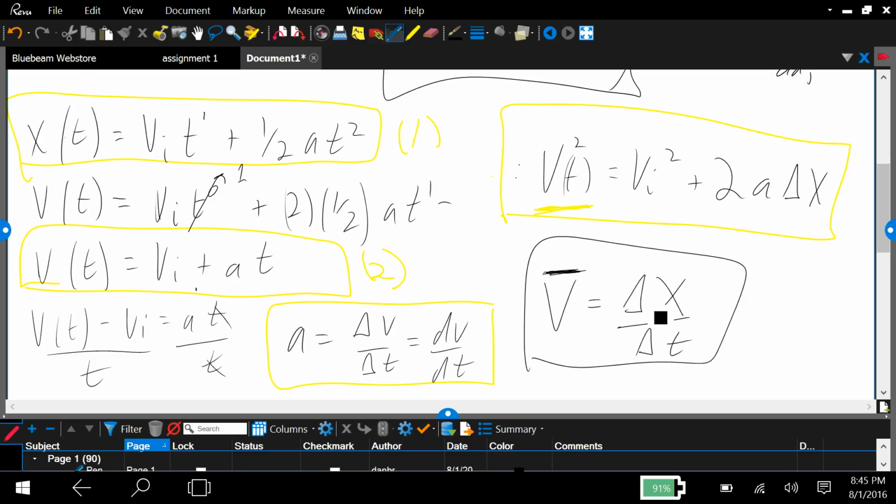Another way to see this equation is to go back to equation number 1 and just set the acceleration term equal to 0. Okay, if we do set the acceleration term right here equal to 0, then that whole term goes to 0, and we see that we just have our position equals initial velocity times time. All right, and I was probably a little bit cavalier and left off a constant over here, so let me drop that back in.